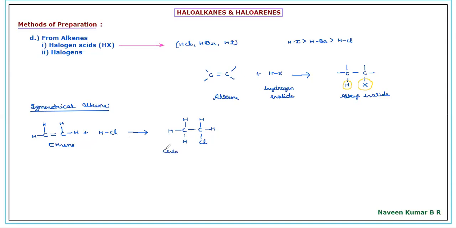I have shown the complete structural formula in explaining the example here. It can be written as CH2=CH2, and with the addition of hydrochloric acid we see the formation of CH3CH2Cl. A simple condensed structure I have given.